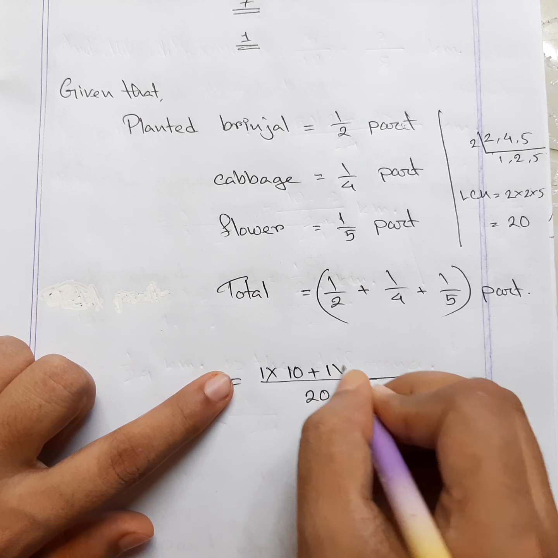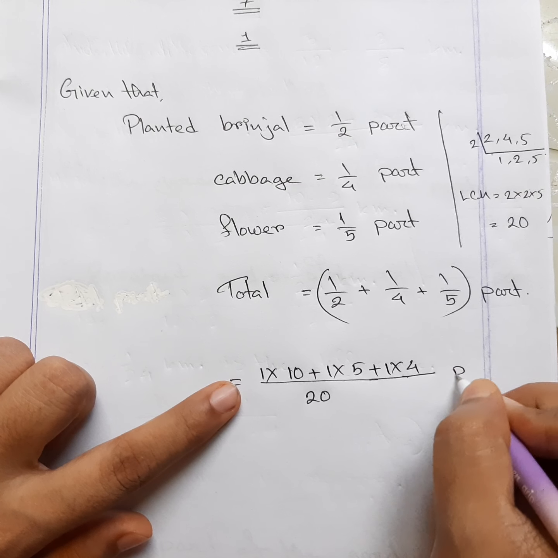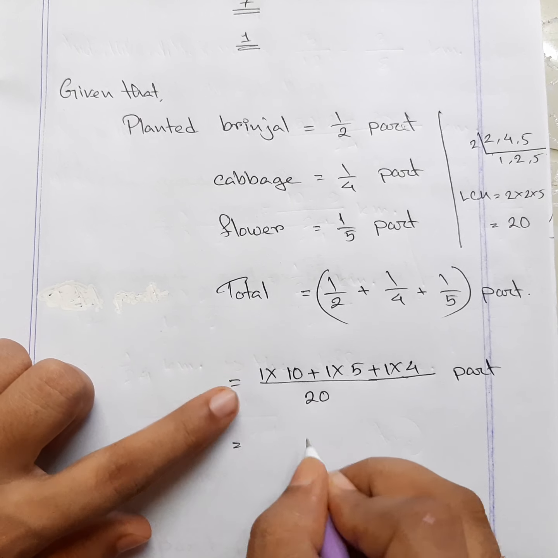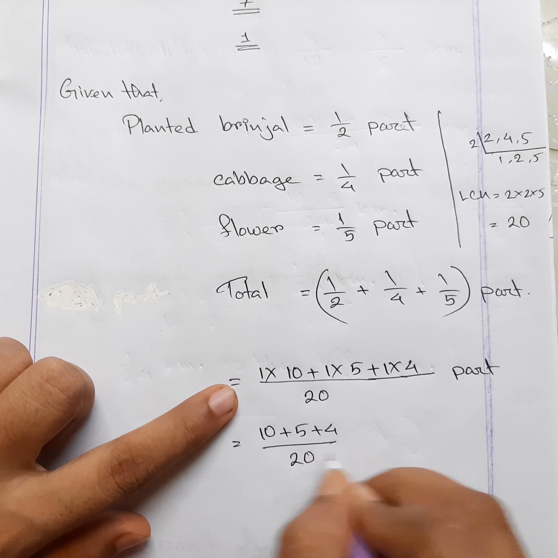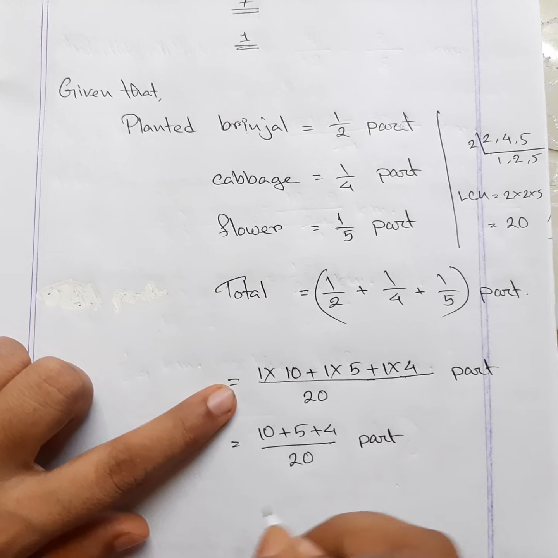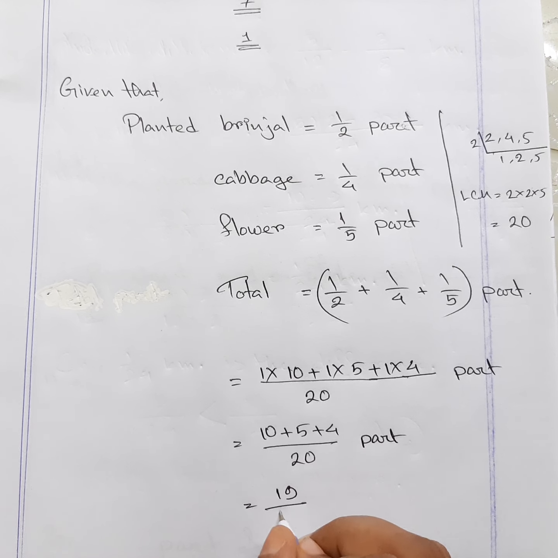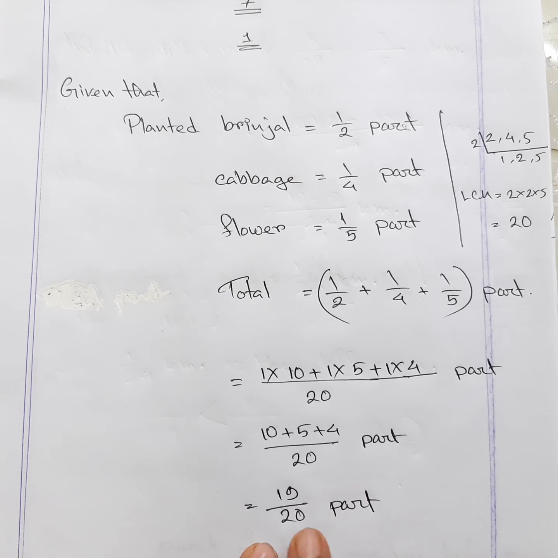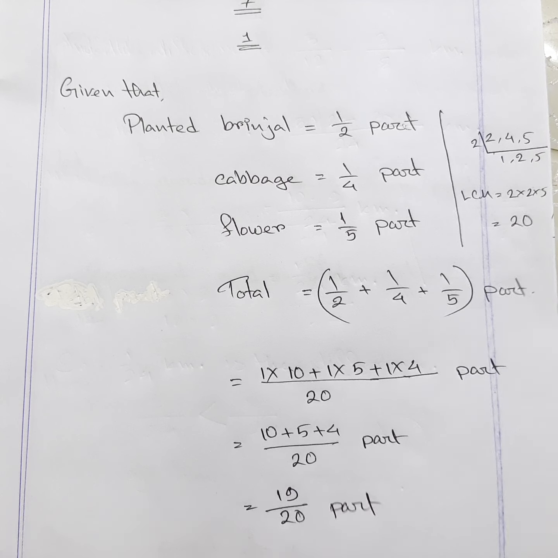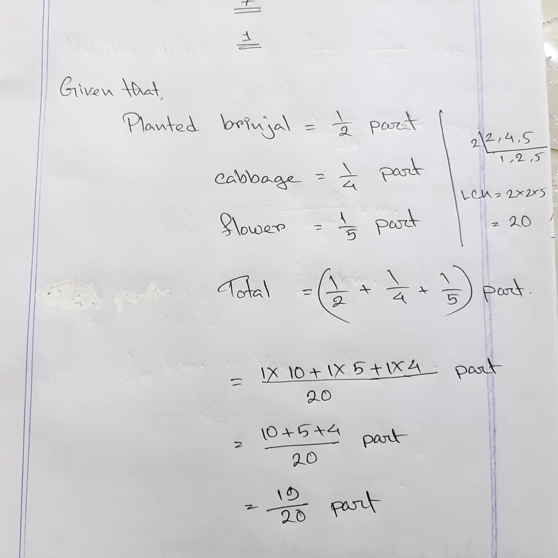So the total land he planted is 19 part out of 20 part. So we are going to write: 19 out of 20 part of the garden he planted.